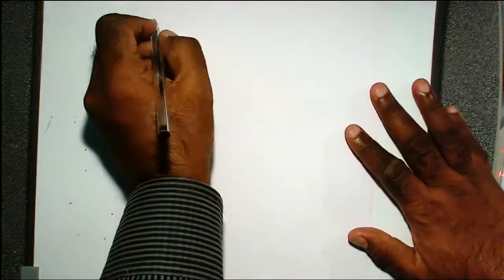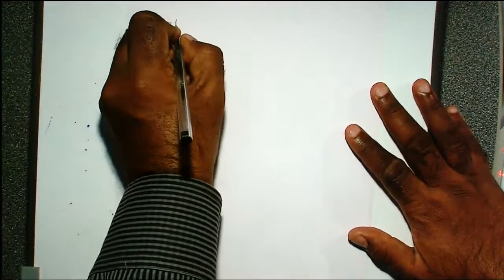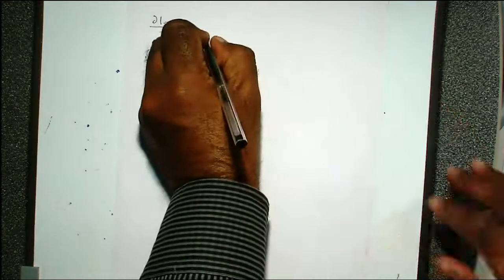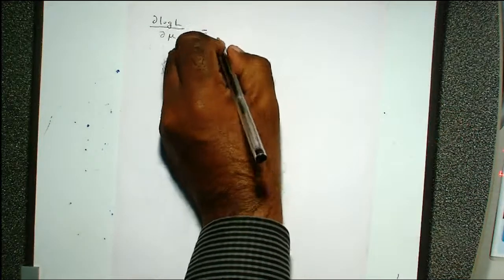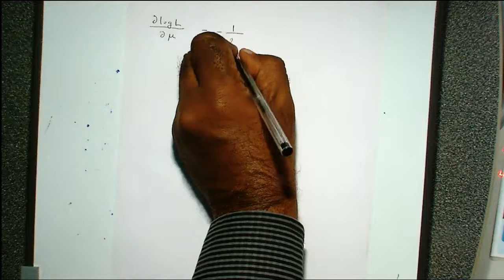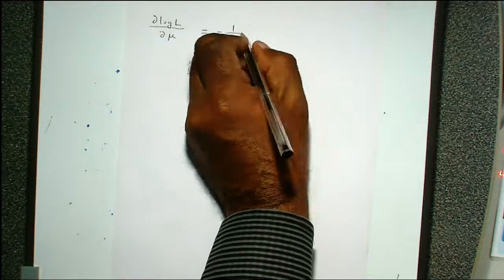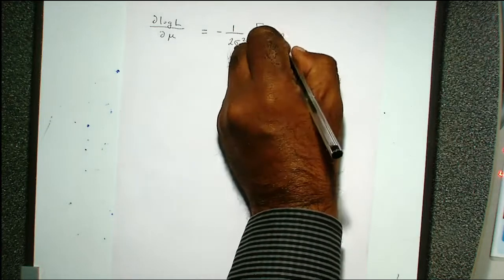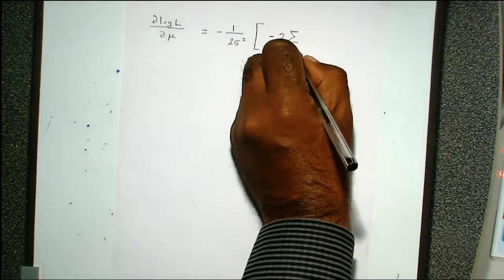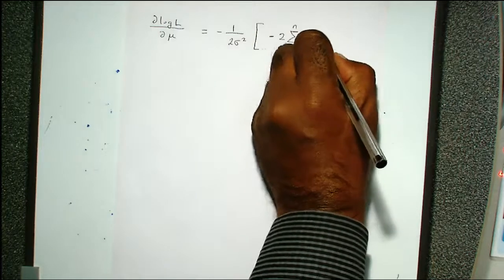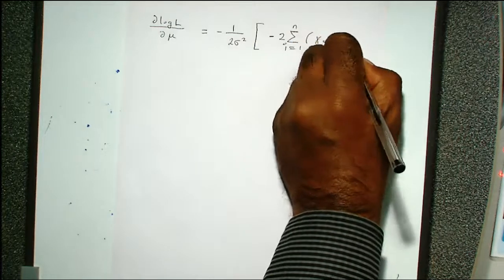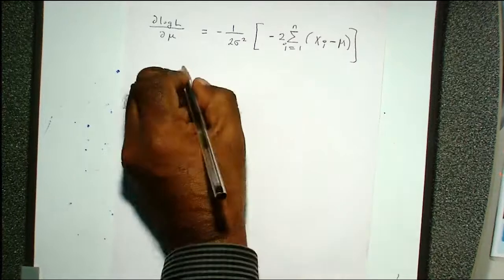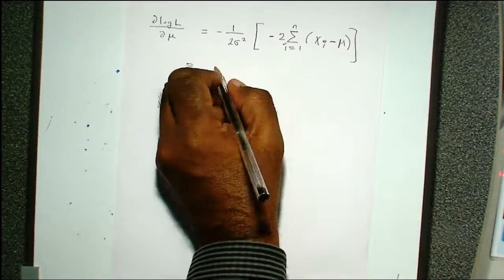The first thing is I'm going to take the partial derivative with respect to mu, and that will be equal to this, and you can simplify this further.